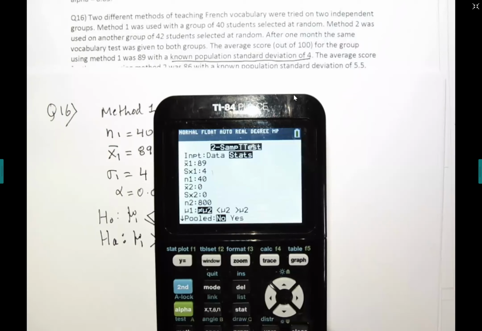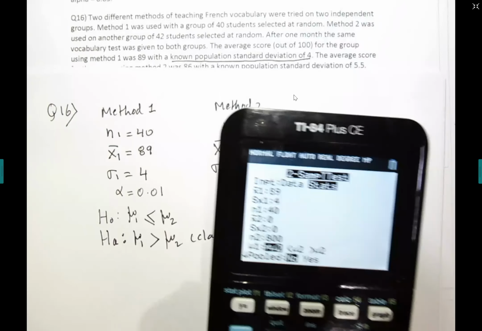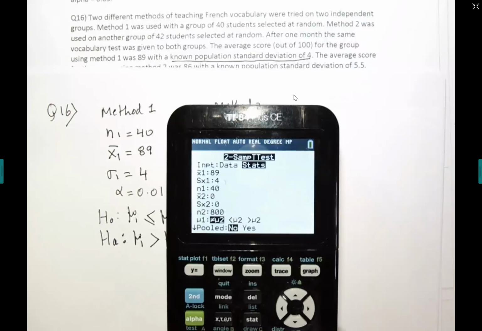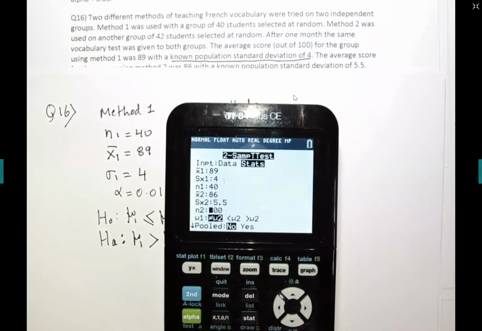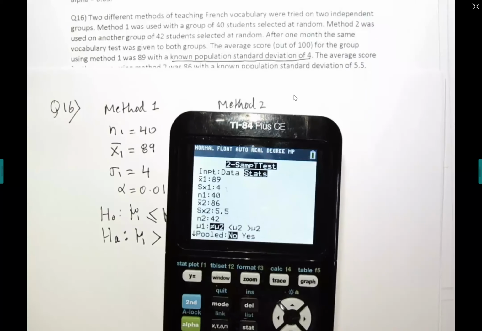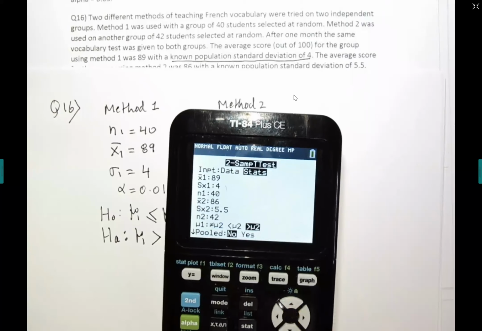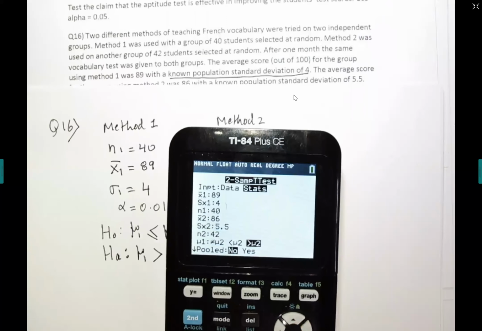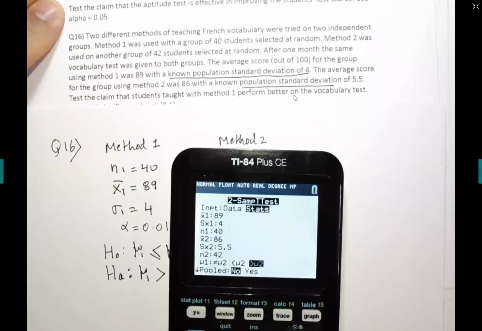X2 bar is 86. Sorry, 86. S2 is, I got 5.5. N2 is 42. And you guys told me we need to check that mu1 is greater than mu2. Method 1 bigger than method 2. Okay, what does it say about pool? If it doesn't, we'll select no.